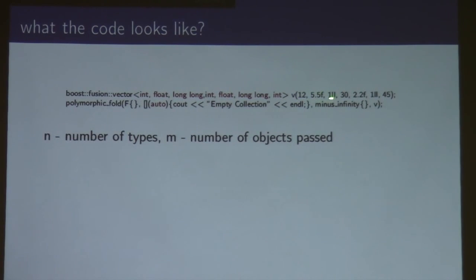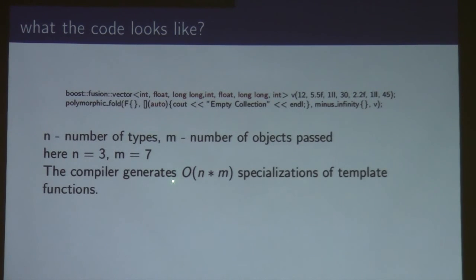Here we've just passed 7 different objects. Clear? So how many template instantiations are we going to have in this call, more or less? And the answer is many. It's n times m, more or less.